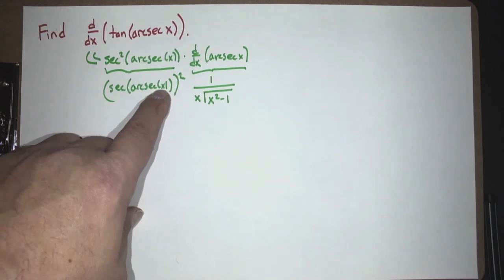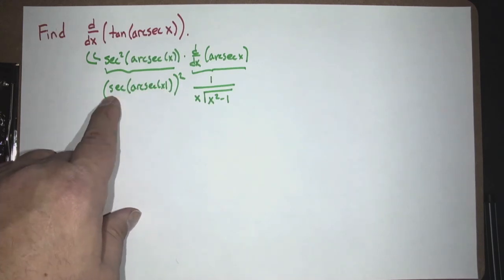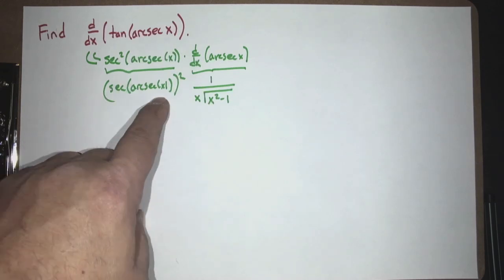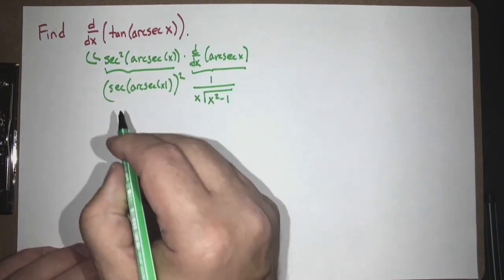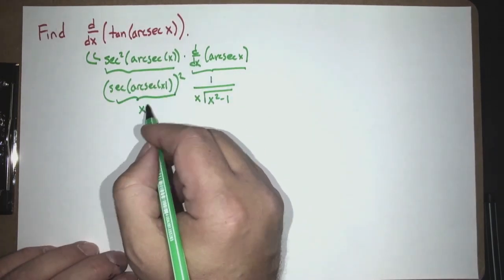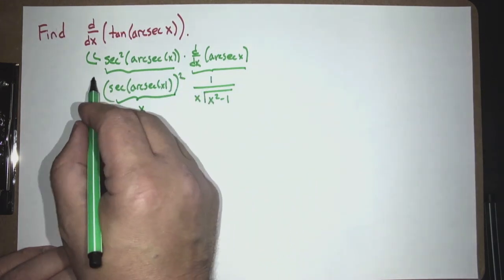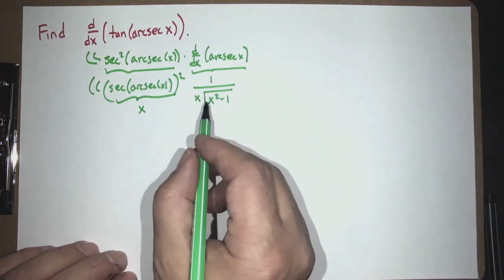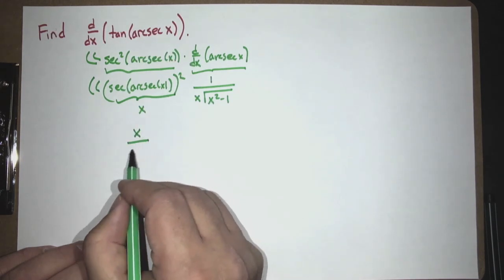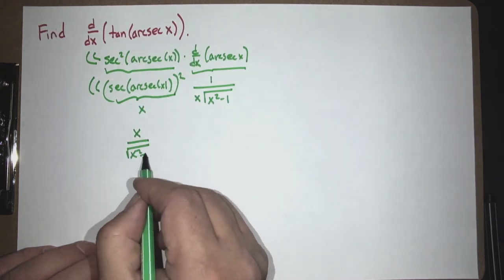If you started with x, took the arcsecant, then took secant again, you should get back x. So this part is x squared. So you have x squared times 1 over x square root of x squared minus 1, so we end up with x over the square root of x squared minus 1.